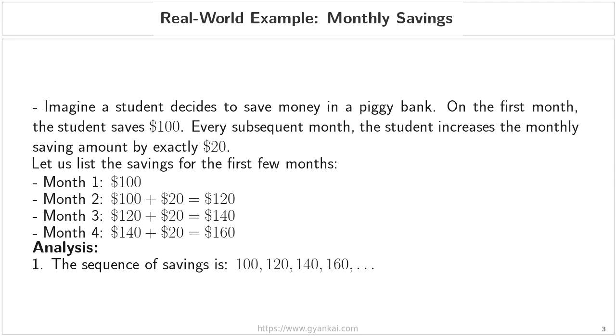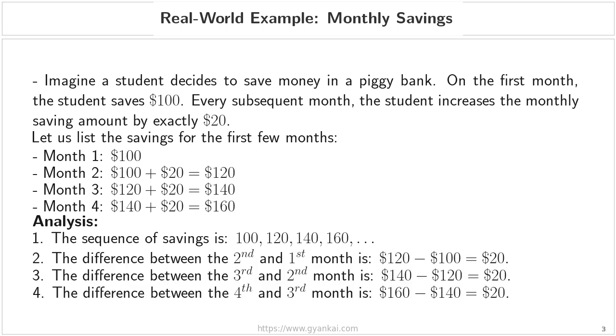Now, let's perform a quick analysis of this data to verify if it meets our definition. First, if we look at the sequence of savings as a list of numbers, we get 100, 120, 140, 160, and so on. To check for a constant difference, let's look at the gaps between the months.